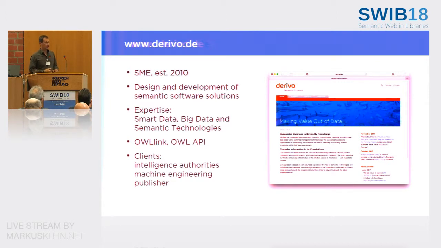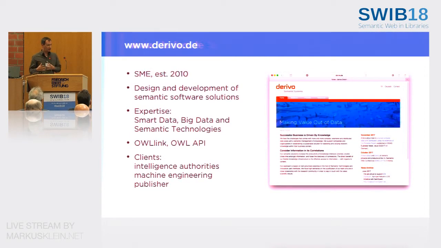We have been in charge of specifying this protocol, which basically enables applications to speak OWL literally and to transfer queries. That protocol became a W3C member submission some years ago. And we have regularly contributed to the OWL API, the most prominent Java API for dealing with OWL ontologies.